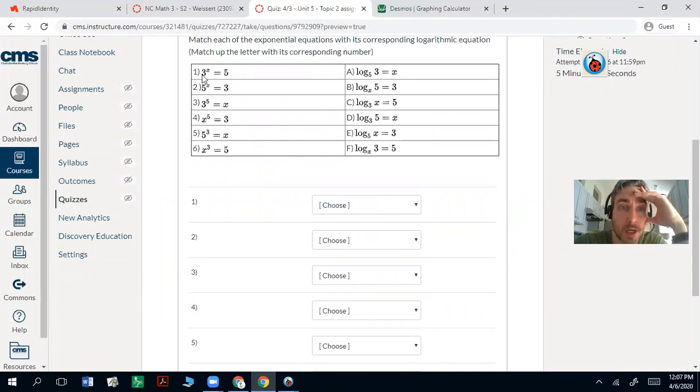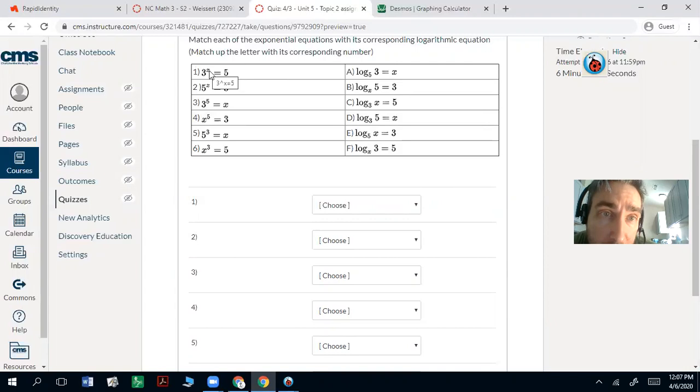So what I look for on question number 1 is 3 is your base, right? So I'm going to go over here and I'm going to look for which log has a base of 3. That log has a base of 5. That log has a base of x. C has a base of 3, and so does D. So it's going to be one of those two. So now I want to be able to split this up. So 3 to the x equals 5. Remember, in the log form, these are going to split. These are going to go on the other side.